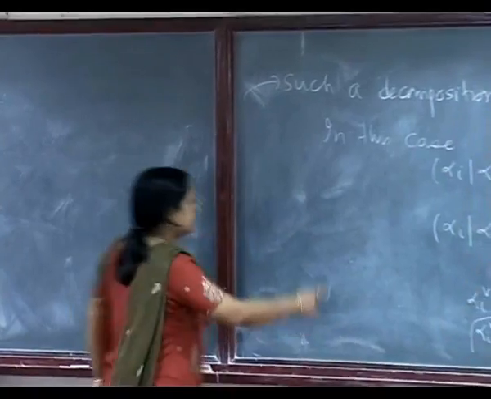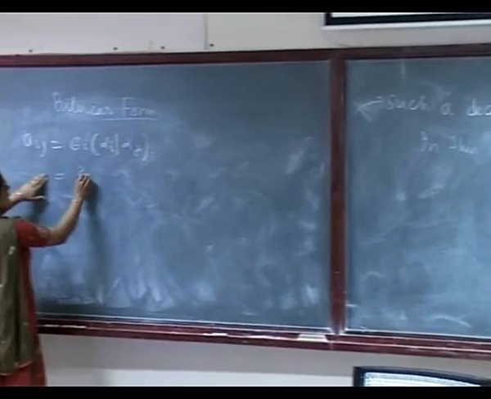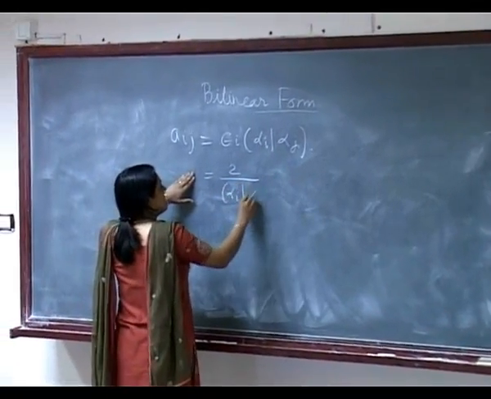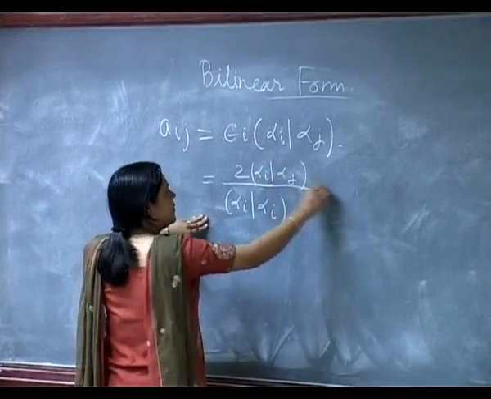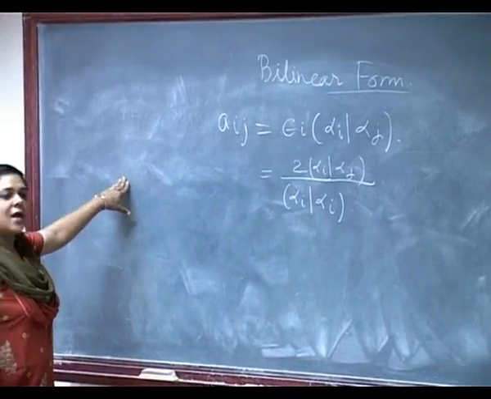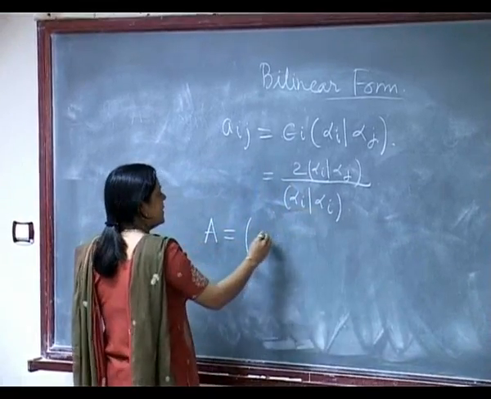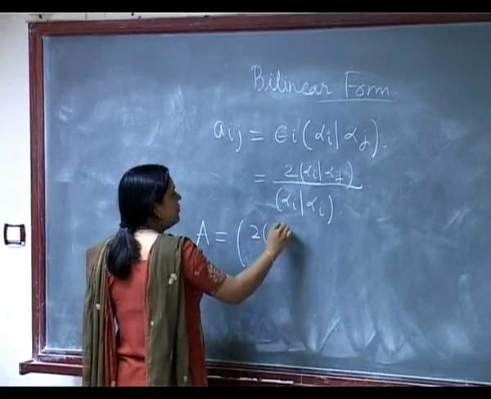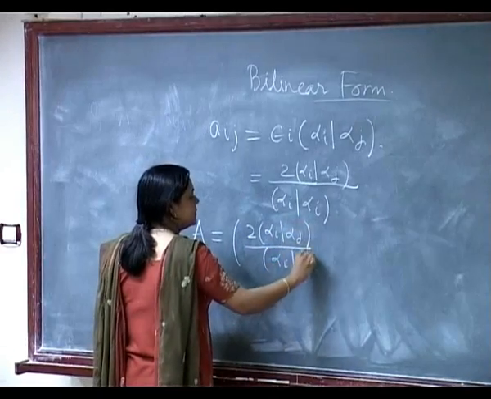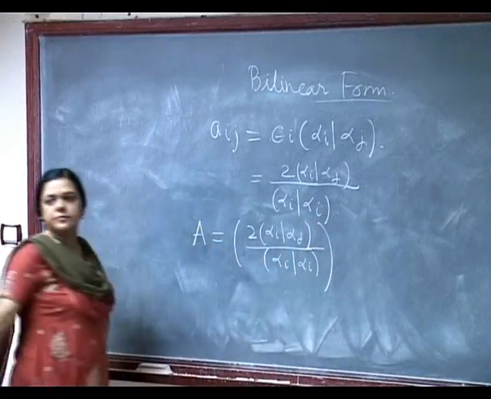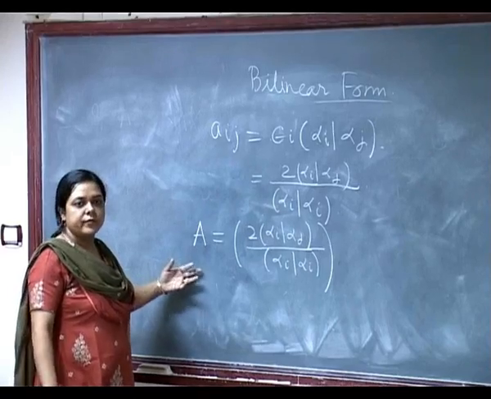And epsilon I again I can write as 2 upon alpha I alpha I. So our generalized Cartan matrix A is given by 2 alpha I alpha j upon alpha I alpha I. This is the generalized Cartan matrix A. All right.